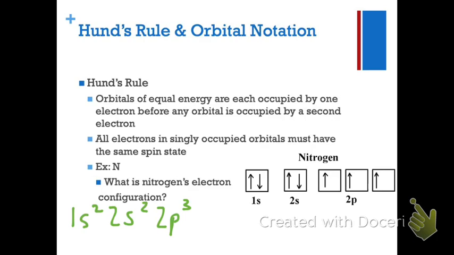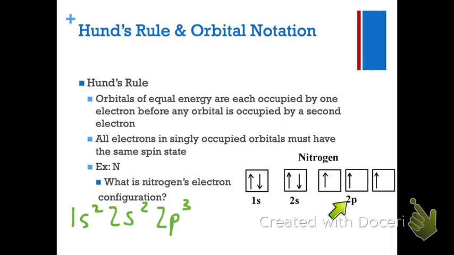As we look at the diagram, here's the 1s electrons. There's 2 of them. Here's the 2s electrons. There's 2 of them.